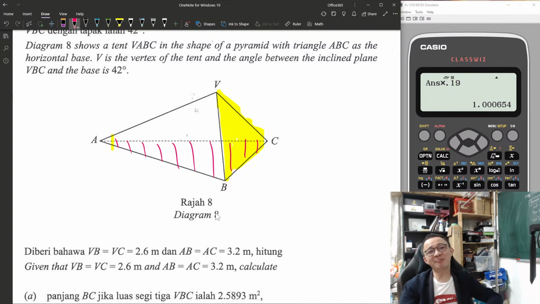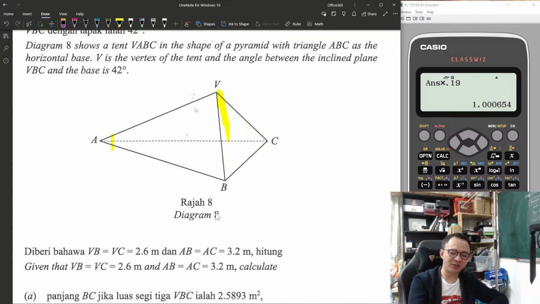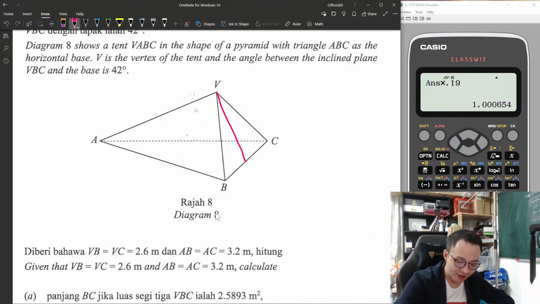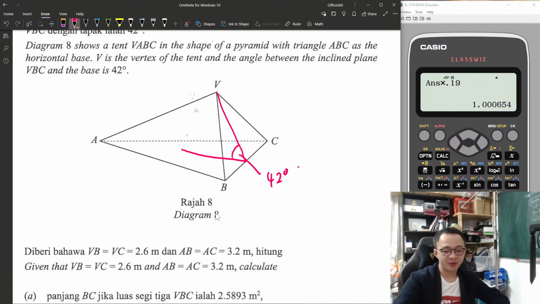The angle between the yellow plane and the red shaded area is 42 degrees. It's 3 dimensions, so I try to draw as similar as possible. The 42 degrees is somewhere between there.